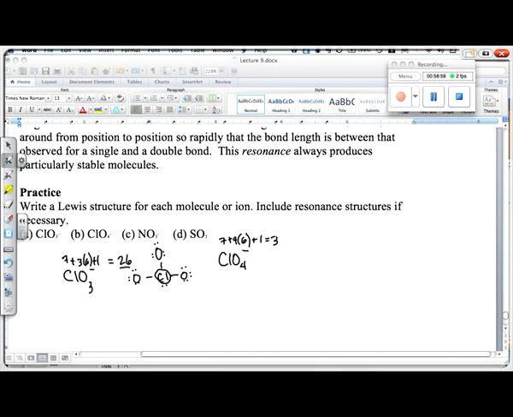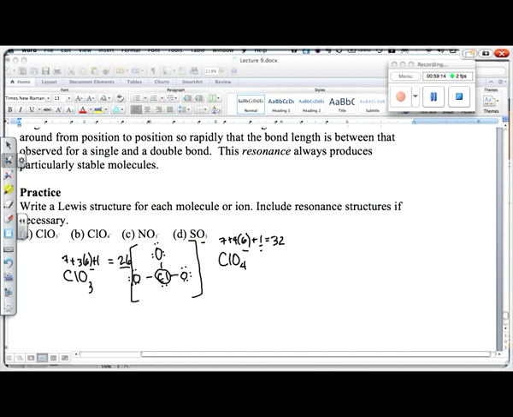Okay? So essentially 6 more than the last one because you have an extra oxygen. All right, remember, this is taking care of the charge. Oh, my bad. We should have put brackets around that and put the charge on the outside.